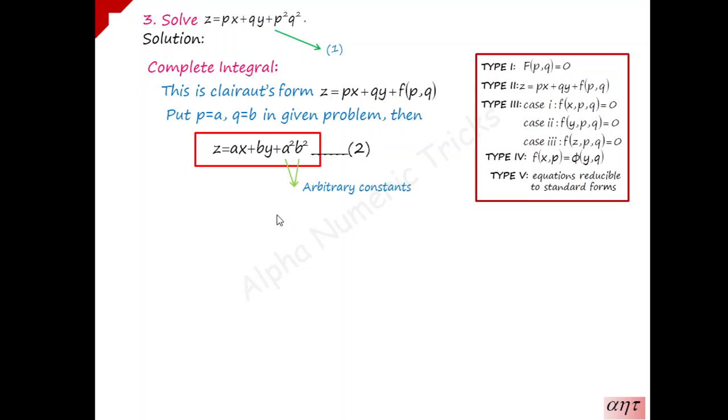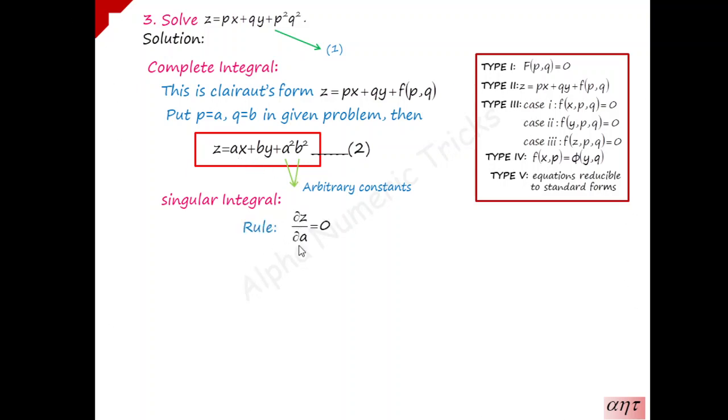Now we have to find the singular integral. How will you find the singular integral? You have to differentiate the complete integral partially with respect to the available arbitrary constants a and b, not the independent variables, and equate to zero.